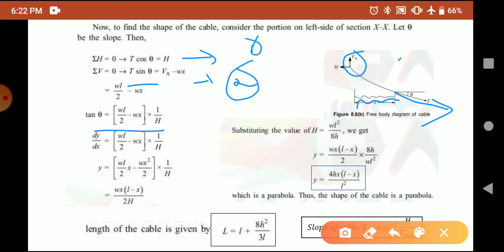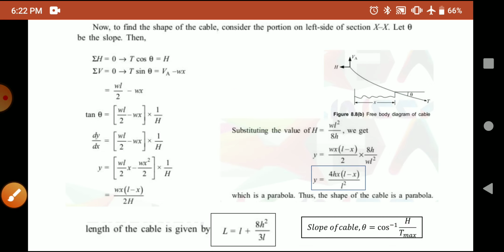So dy by dx is equal to WL by 2 minus W into x into 1 by H. Integrating this equation, integral of dy by dx, we know it is y. So y is equal to WL by 2 into x minus Wx square by 2 into 1 by H. Simplifying this, Wx into L minus x by 2H.